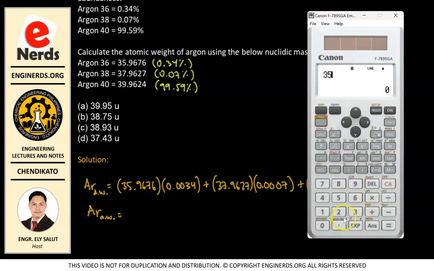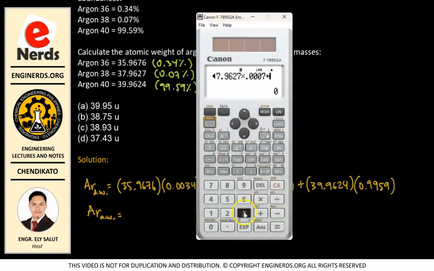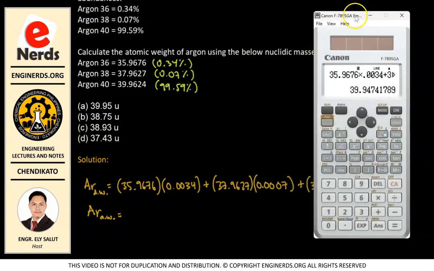So we have 35.9676 multiplied to 0.0034 plus 37.9627 multiplied to 0.0007, then plus our last term, we have 39.9624 multiplied to 0.9959. Okay, so our final answer here is 39.95 by rounding up our answer here.